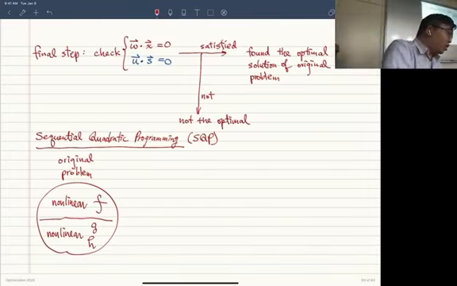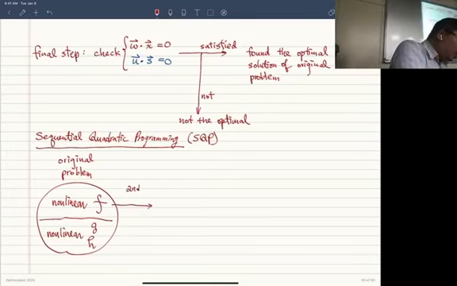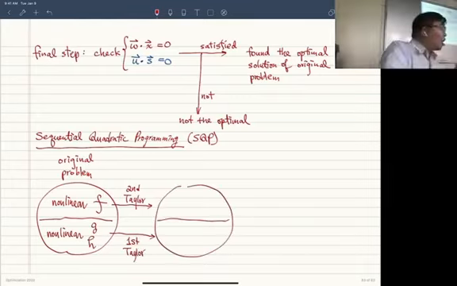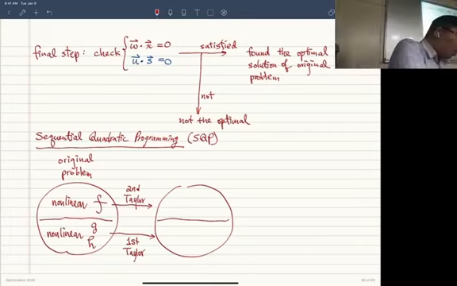So what does QP do? They use a second order Taylor expansion and a first order Taylor expansion, and then we formulate linearized problems.